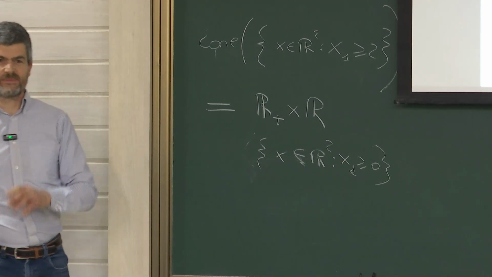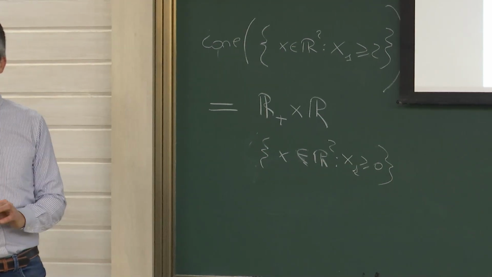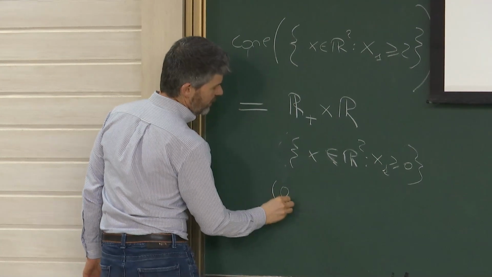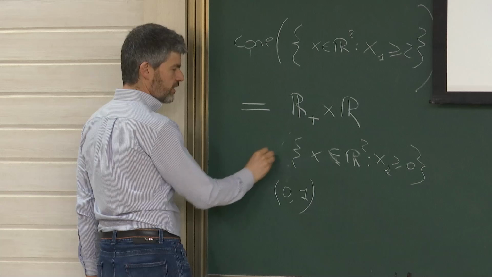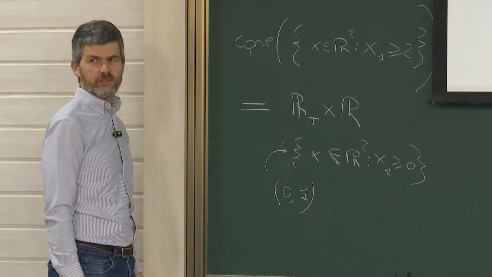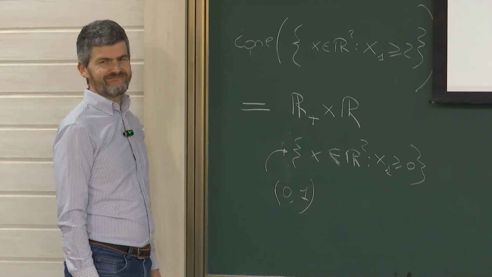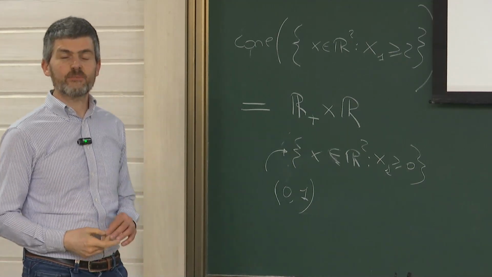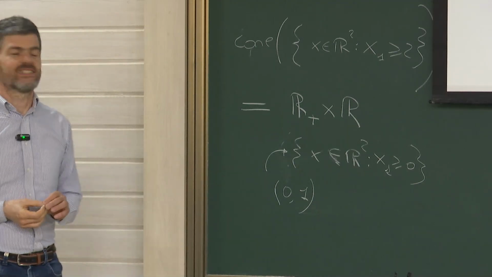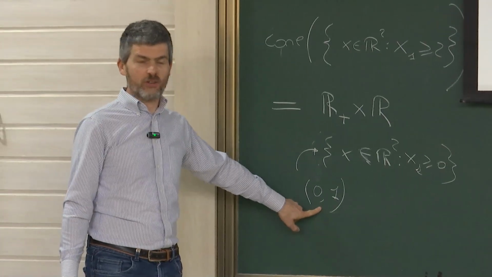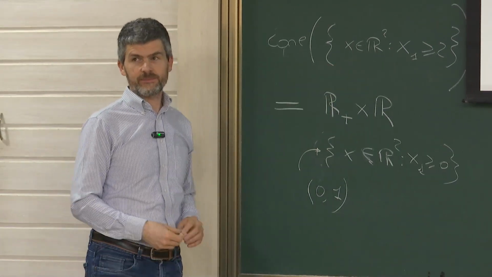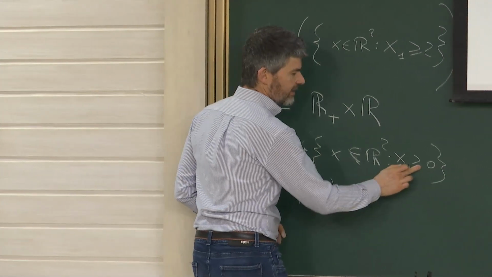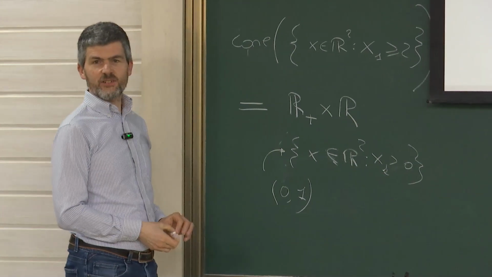Do you agree? Does that mean that the point 0, 1 belongs to this? This 0, 1 belongs to this set, right? Does it belong to the conic hull? You can't find this point as a conic combination of any points in here. So what is it going to be? Do we just take the strict inequality?